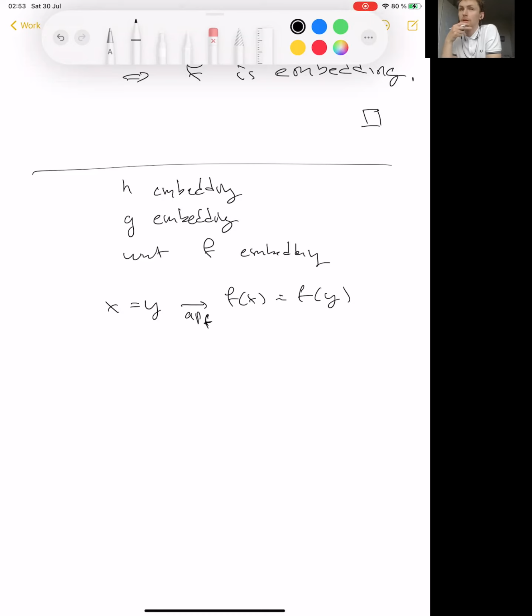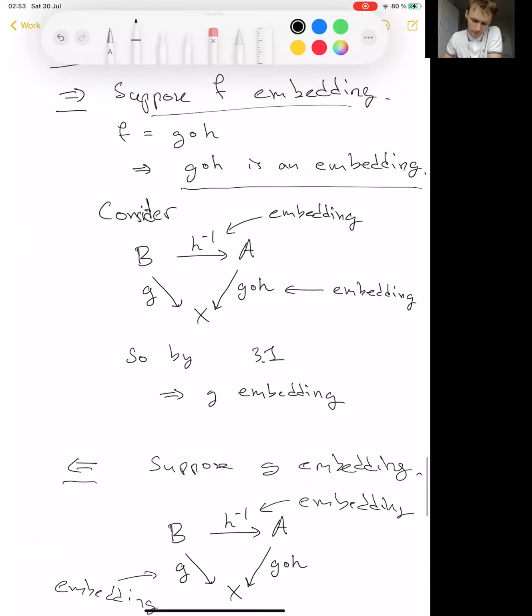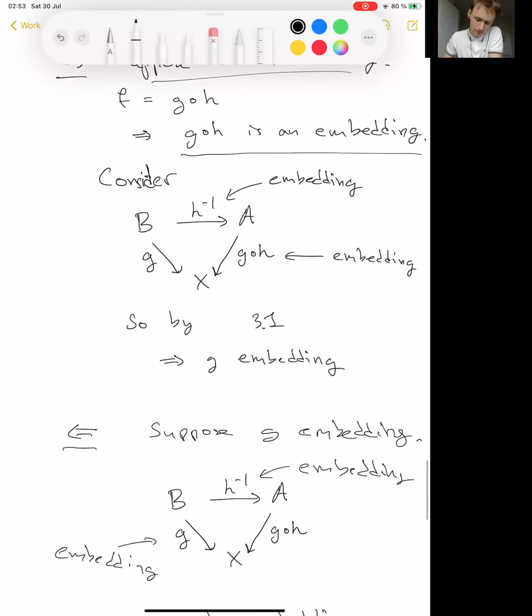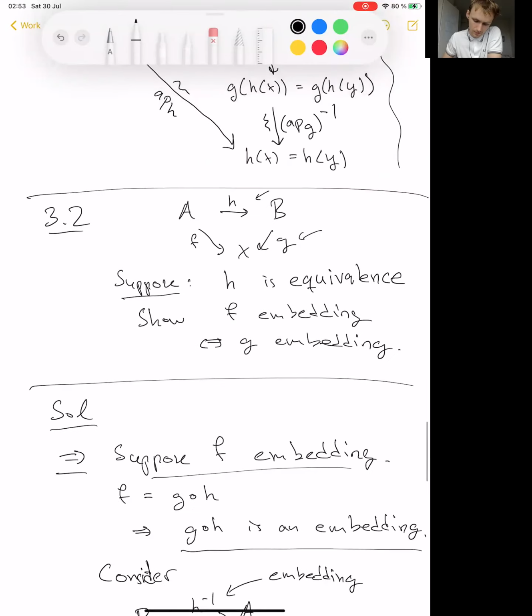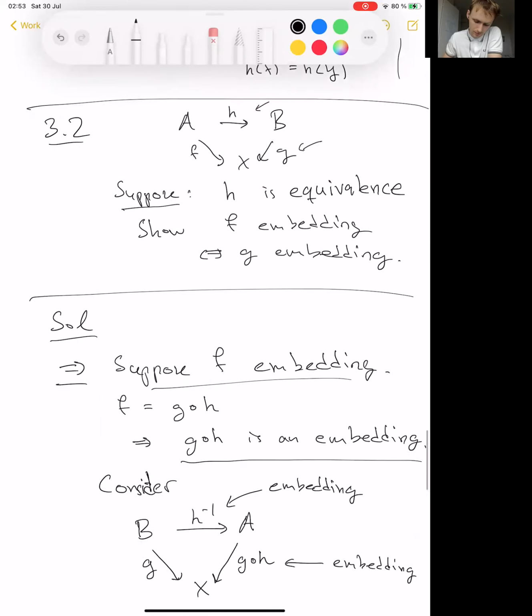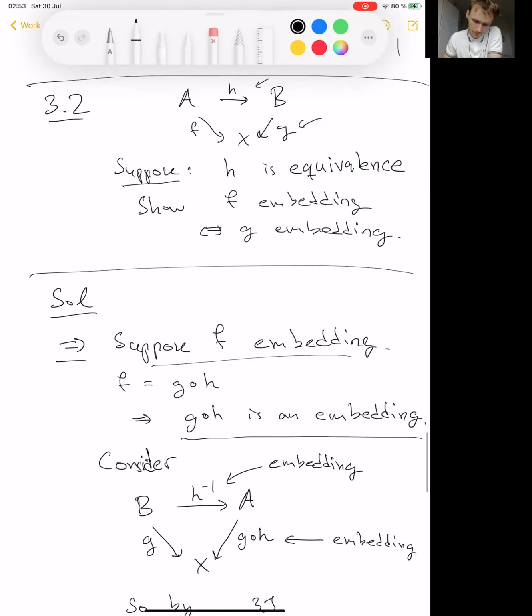Now there is no obvious way. So F was equal to, well, okay, did I mess up the order here maybe?